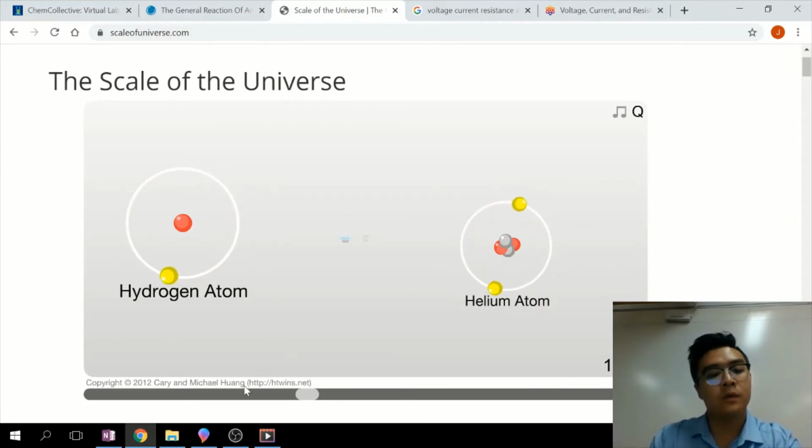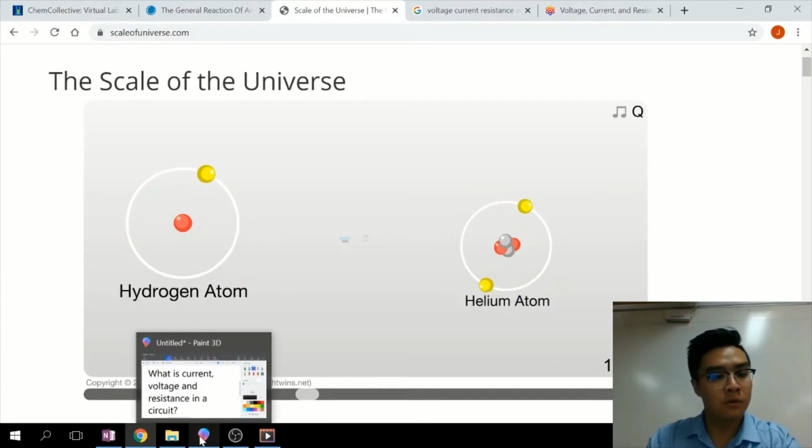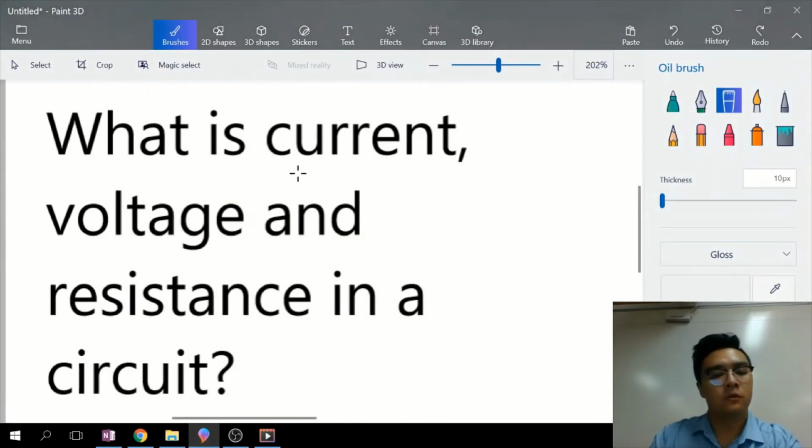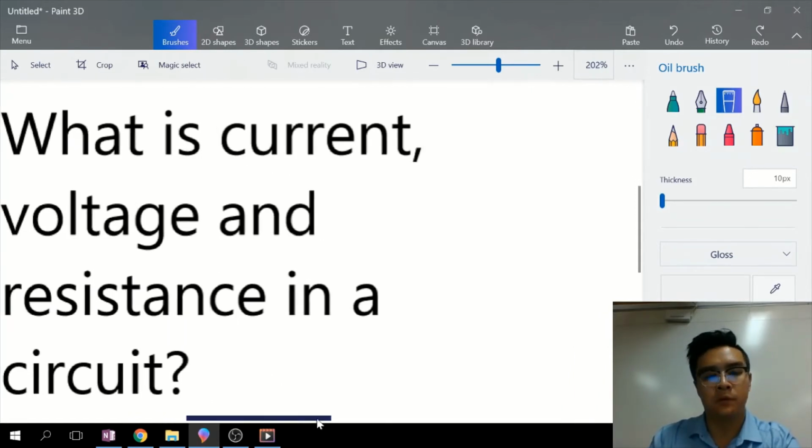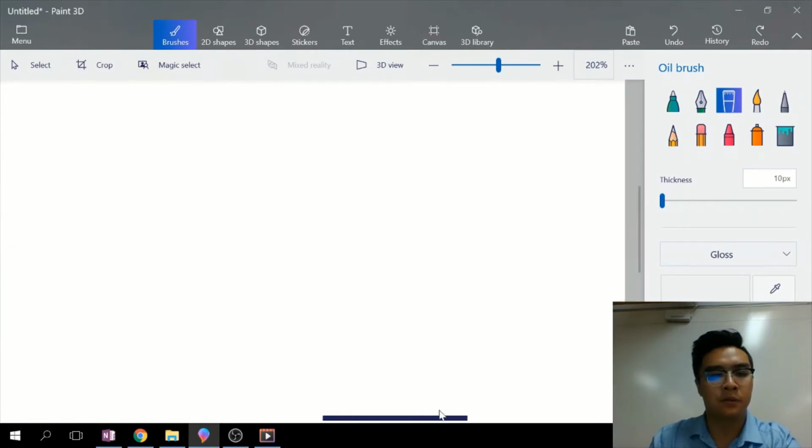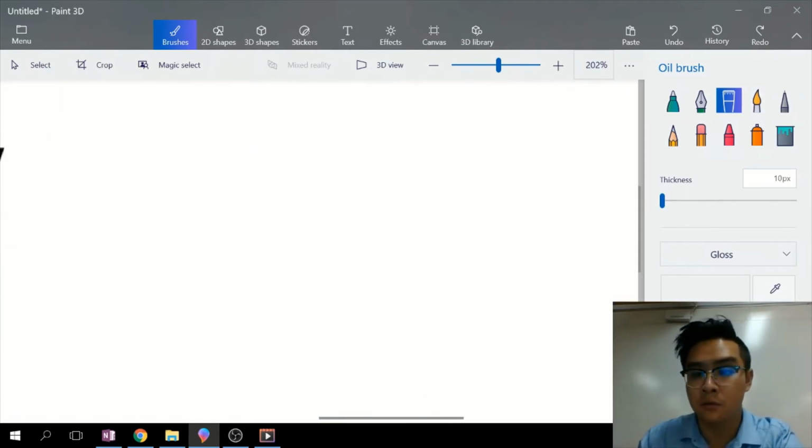Now that we know that, we need to learn a few other words. We need to know what current, voltage, and resistance is in an electrical circuit. We've drawn electrical circuits before, but we're going to throw in these 3 new words, and I'm going to explain what they are. To do this, I'm going to draw you a couple of things and bless you with my art skills. I'm going to draw a person.